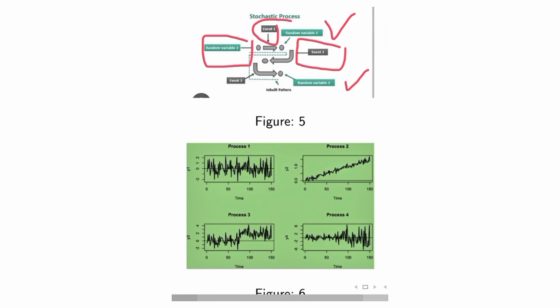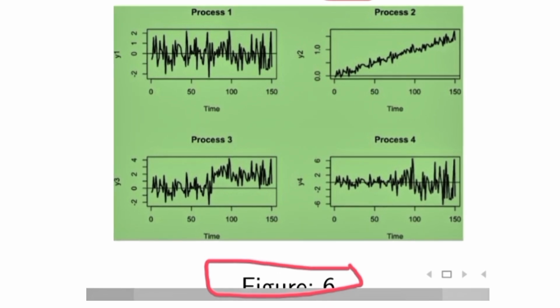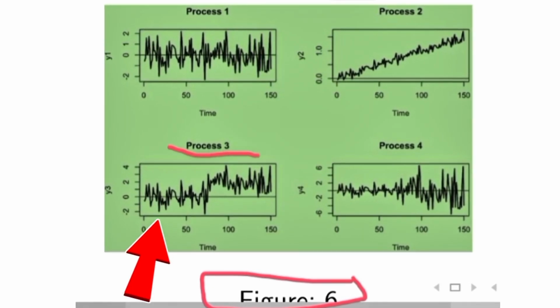And if you look at figure 5, yes, this was figure 5, which I just explained. If we look at figure 6 down here, we have the graphical representation of a stochastic process. For instance, the HOB for spot 13 that I made money with. Clearly you can see it was in process number 3.